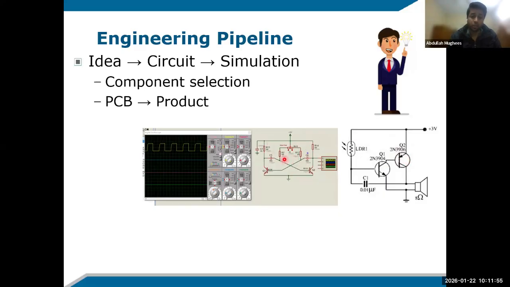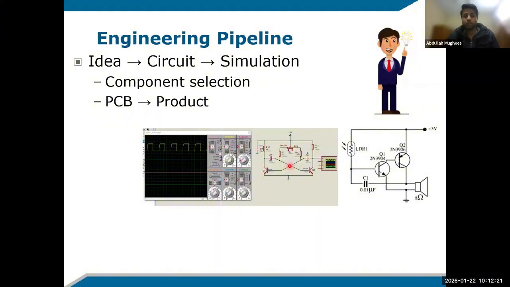I will design that circuit onto that software and I will turn it on. I'll provide the sunlight. All those options will be simulated in the software. I will check what is the output. If the output is as per my requirement, then okay, great. I'll go to that production step, the actual physical building of that circuit.